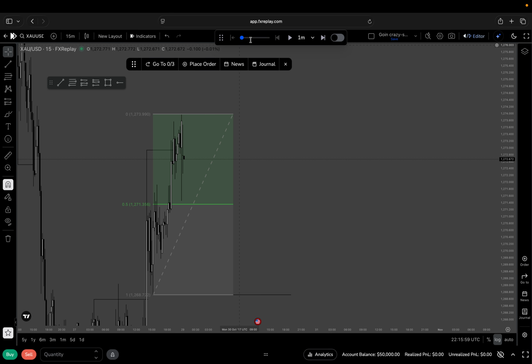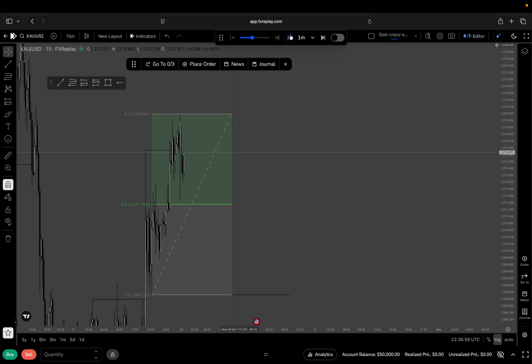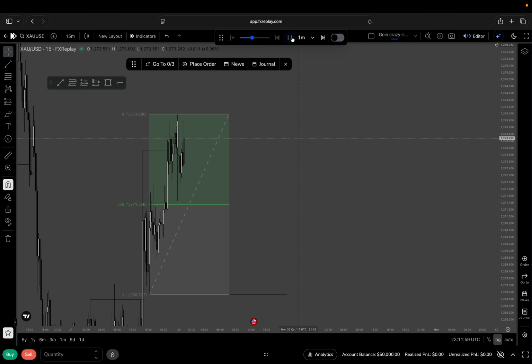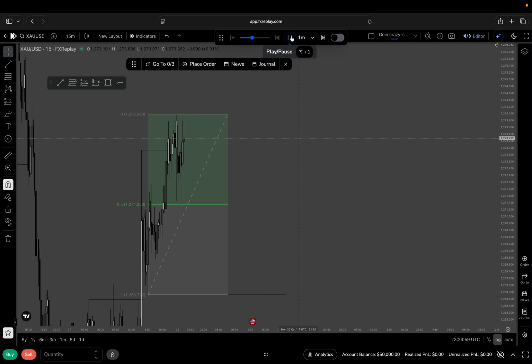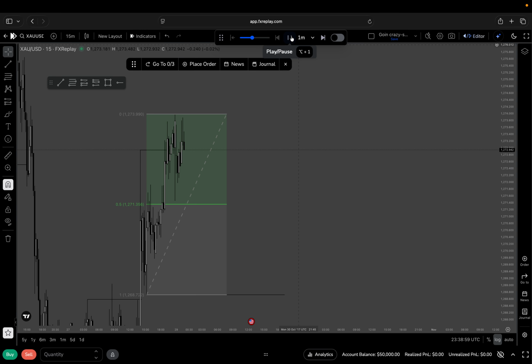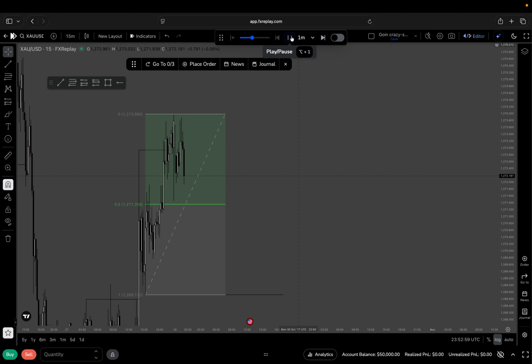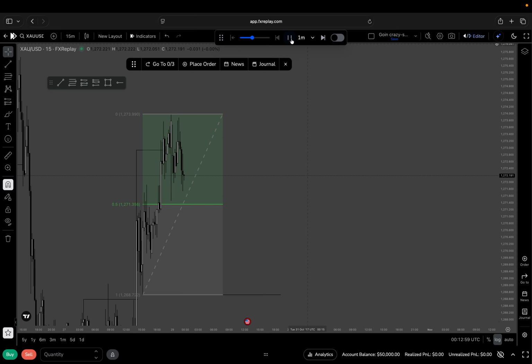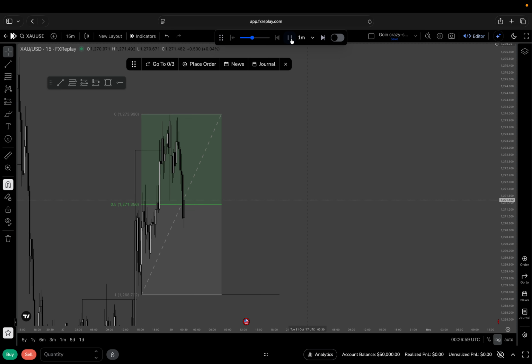Speed price up a little bit. This will be a valid retracement. Okay, filled in equilibrium now.